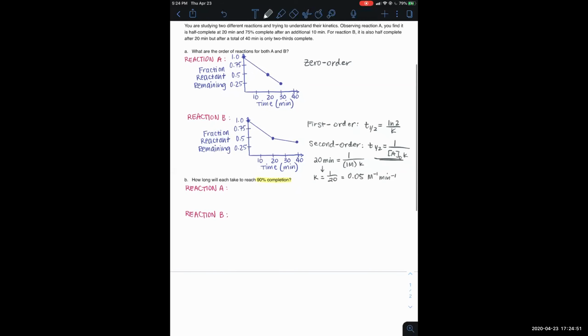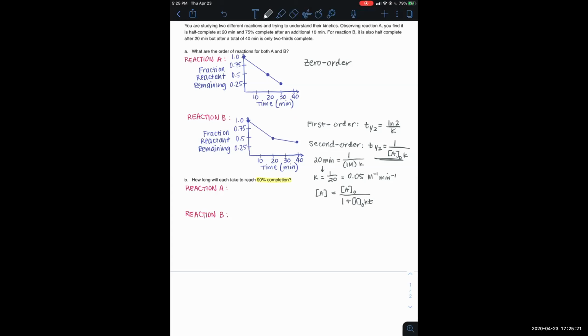And so now that we've determined K, we can plug K into the integrated rate equation, which for a second order reaction is: concentration of A equals the initial concentration, A naught, over 1 plus A naught KT.